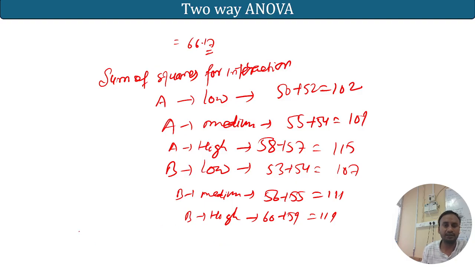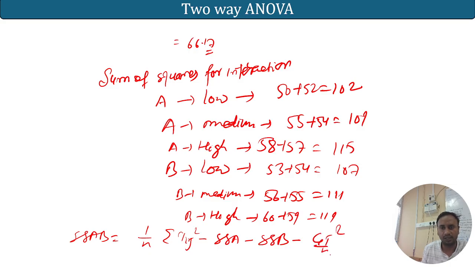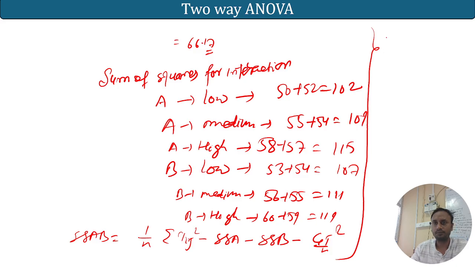Now can we go with the SSAB? The formula is 1 by n, the summation of Tij whole square, minus SSA, minus SSB, minus GT square by n. We'll see how it works out. It's 1 by 2 because n is 2 only, for either the A or B factor.